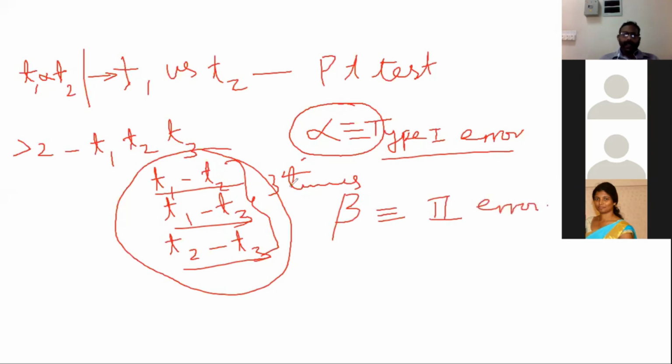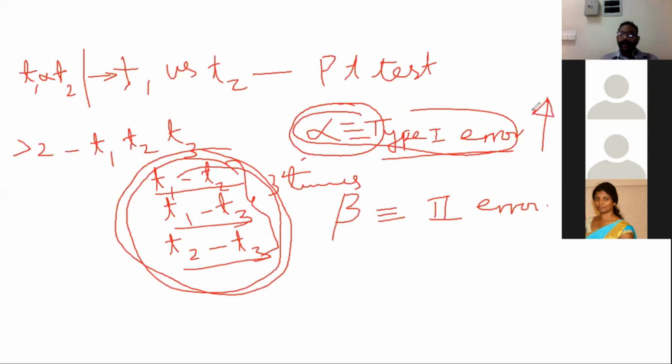So you see, when you have more and more comparisons, the type 1 error will increase. We will talk about that later. Because of that, it is not advised to do t-tests on an individual basis. Therefore, the solution if you have more than two treatments is to go for ANOVA, analysis of variance.